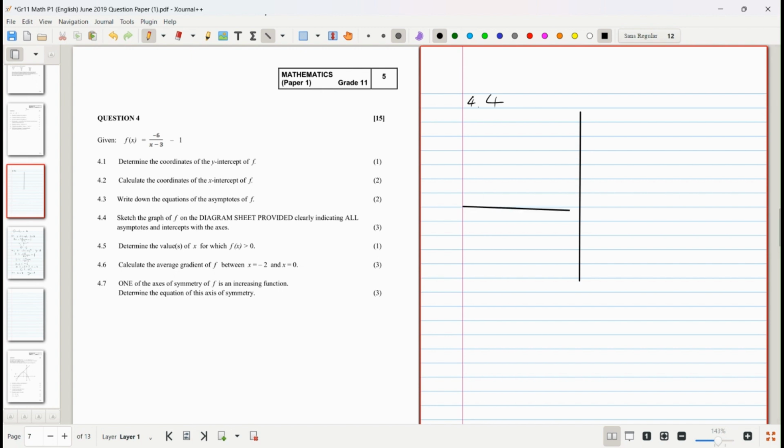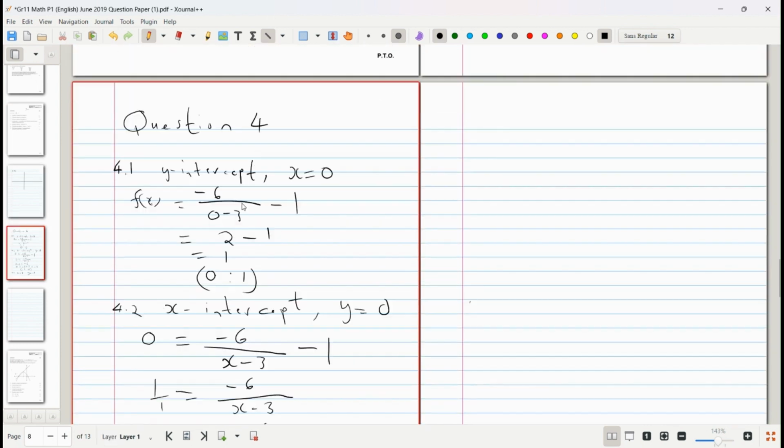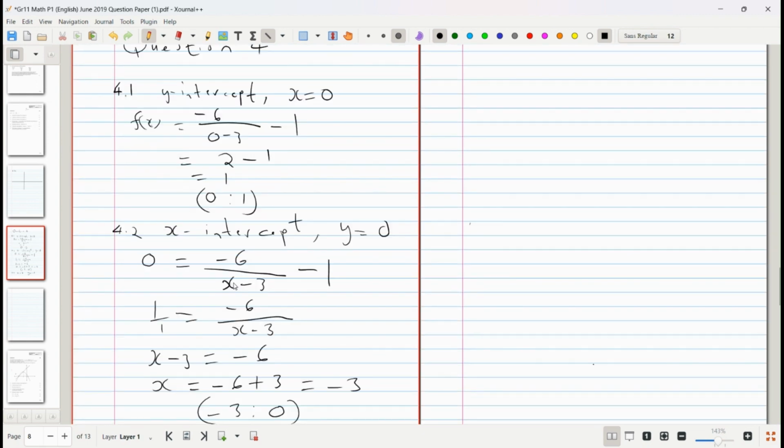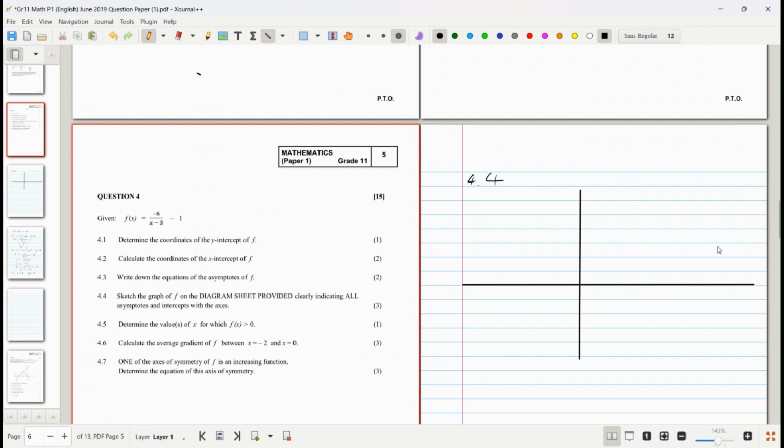Let's draw the graph of f. We calculated our asymptotes: x equals 3, so let's put x equals 3 first.